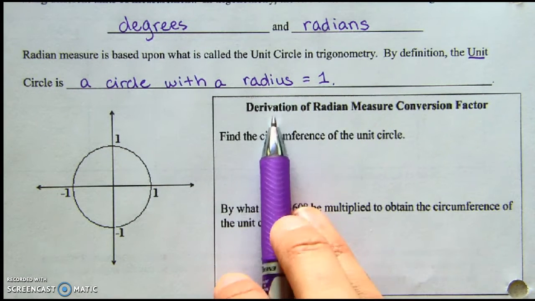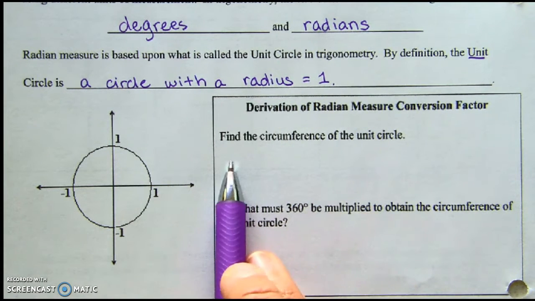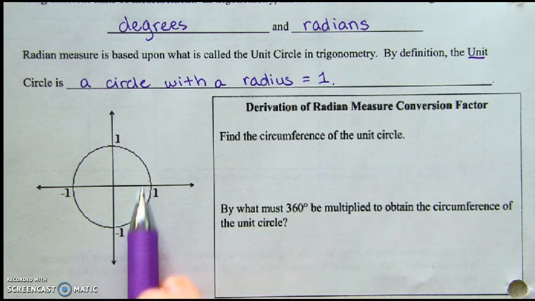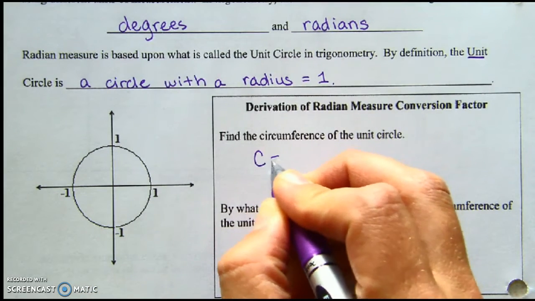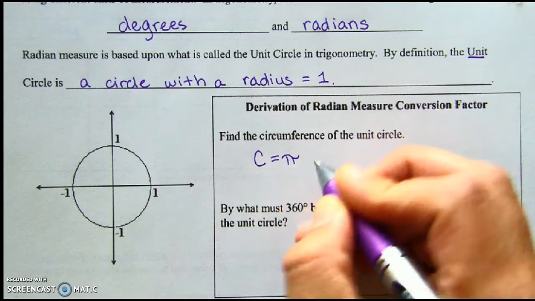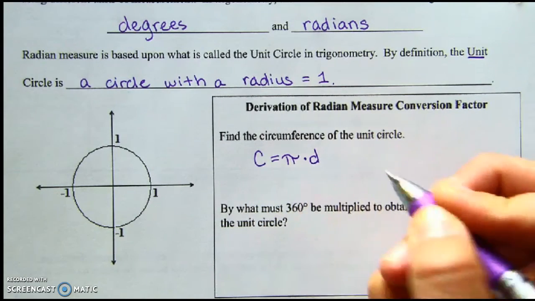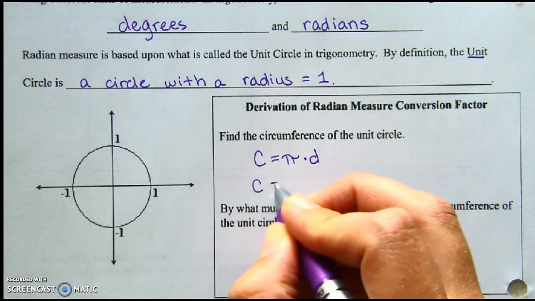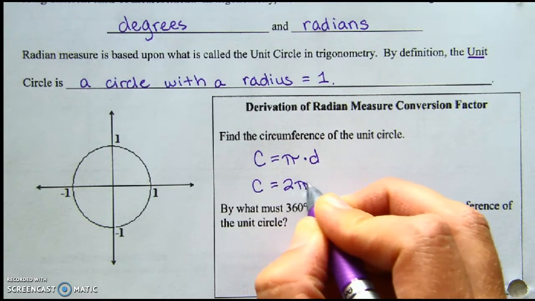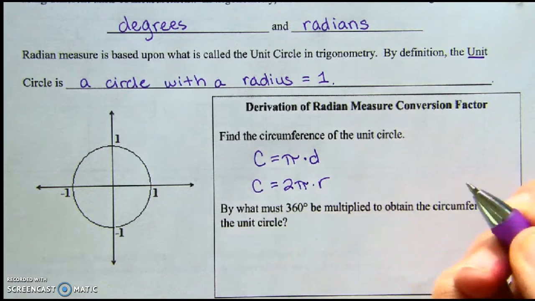So we're going to derive where radians come from. First, find the circumference of the unit circle. Do you guys remember the circumference formula? Yeah, we took a quiz on it. Pi r squared is area. Circumference is pi times diameter, or 2 pi r, because diameter is 2 times r.